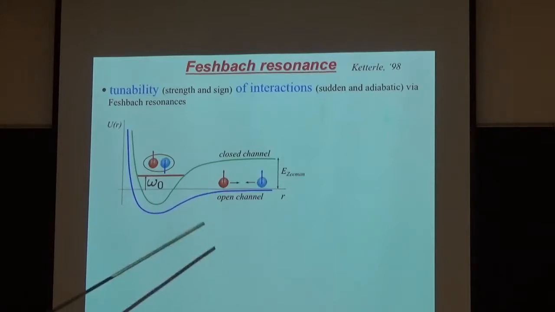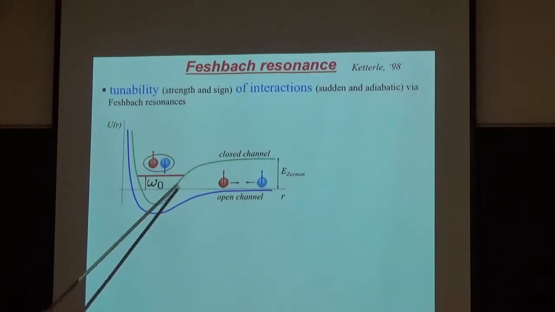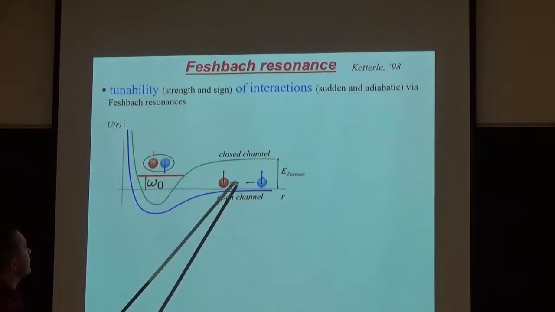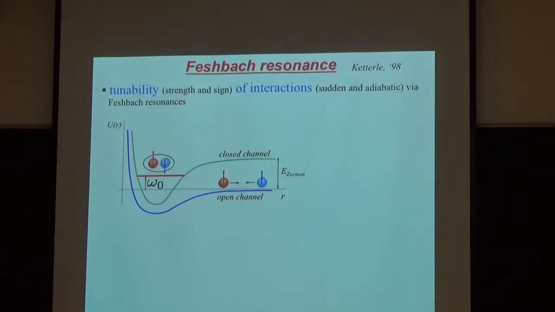Yeah, so the way this is drawn, I'm putting in this interaction potential. This is all done in the presence of a magnetic field, and these different channels have a different magnetic moment, so they have a different Zeeman energy. When the particles are far apart, different channels correspond to different total magnetic moment, and therefore different Zeeman energies.